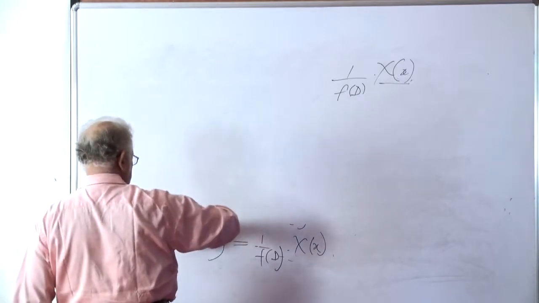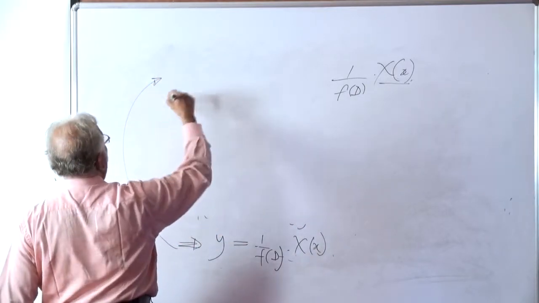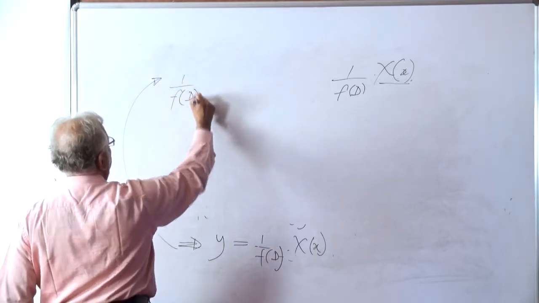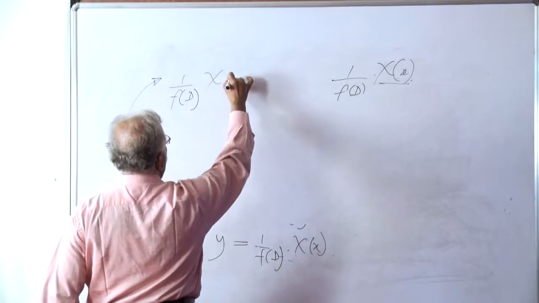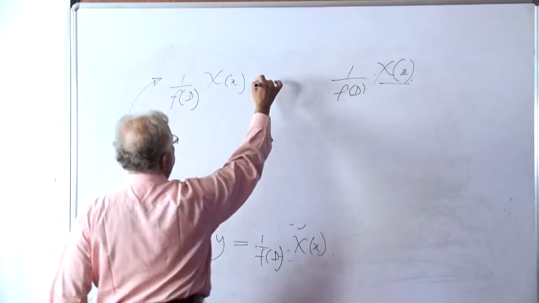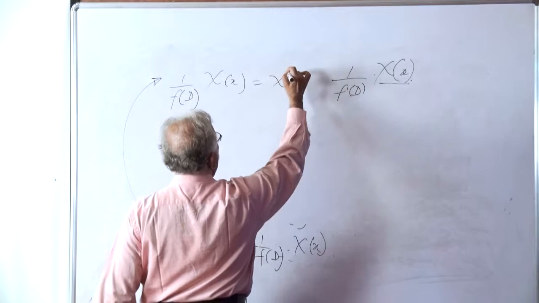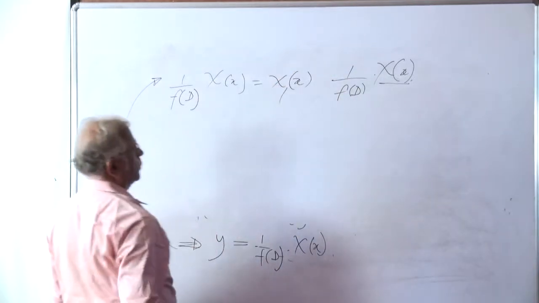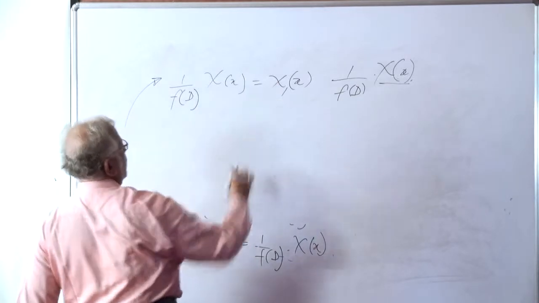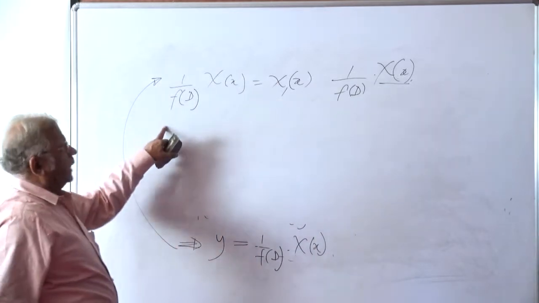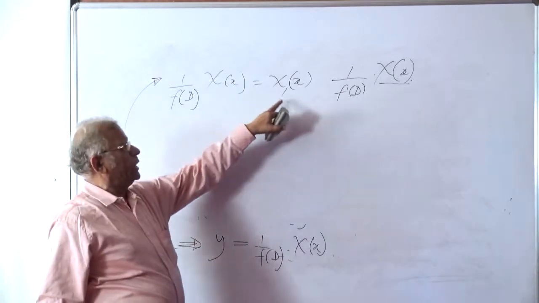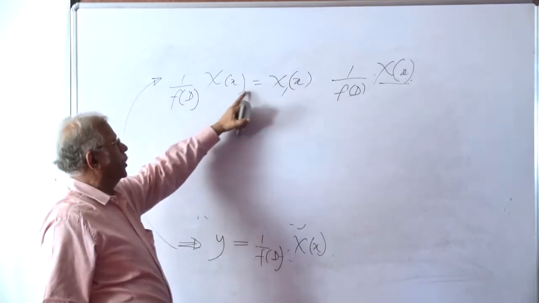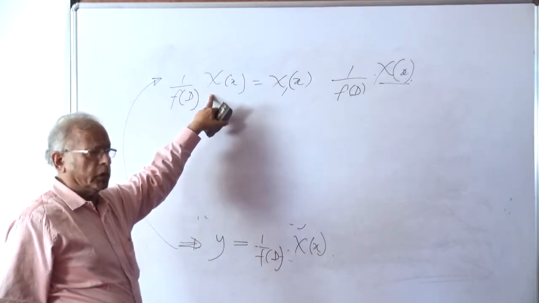The meaning is, 1 over f(D) operating on X, supposing it generates a new function, let's call it X sub 1, not the derivative. The meaning is that this function X1 is such that when operated by f(D) will lead to the original function that was on the right.